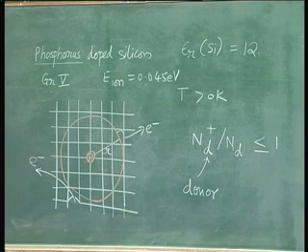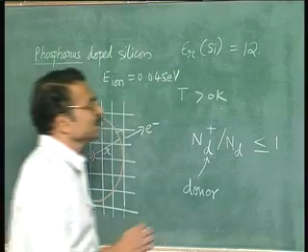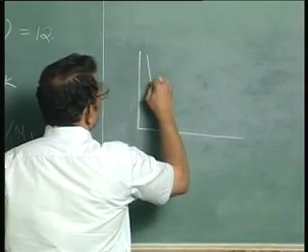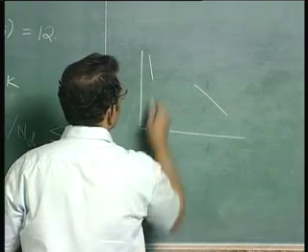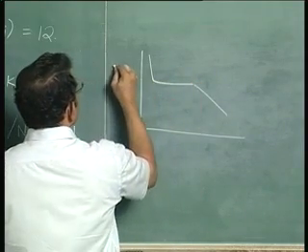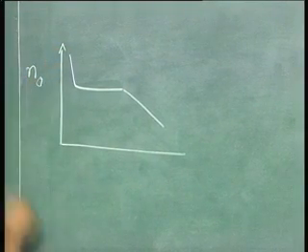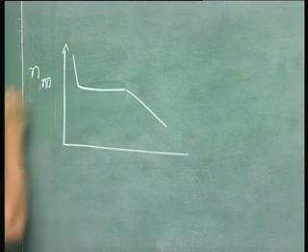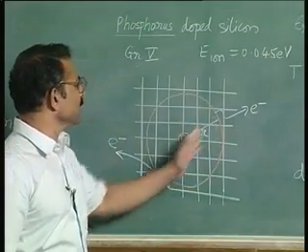Now based on this particular model, we can easily explain a portion of the concentration versus temperature diagram. Supposing I am talking of N naught, that is electron concentration in an N-type semiconductor, so I will write it as N naught, because it is clear that in a phosphorus doped crystal the electrons will be in a majority.